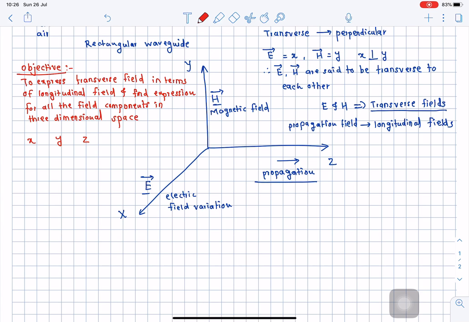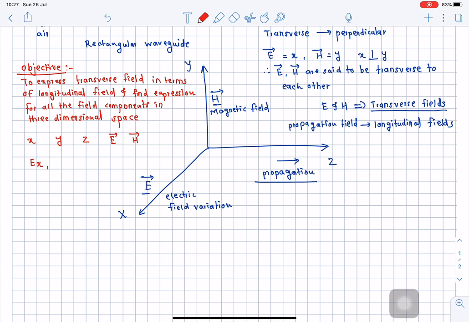Now here we have the electric field and the magnetic field. When the electric field and magnetic field are expressed along these axes, there will be three different sets of these fields. The electric field which exists along the x-axis is given by Ex.